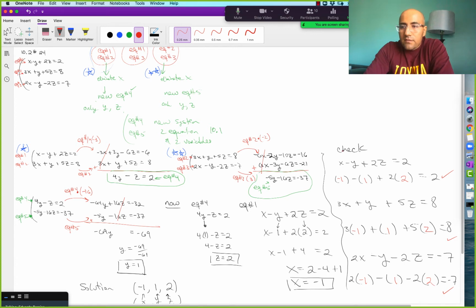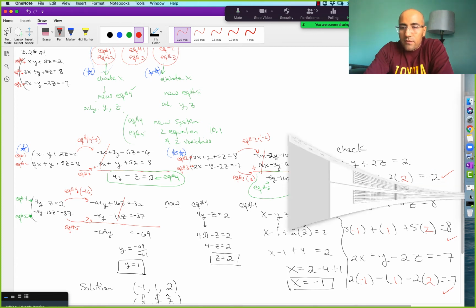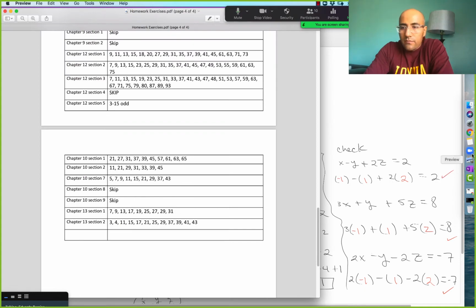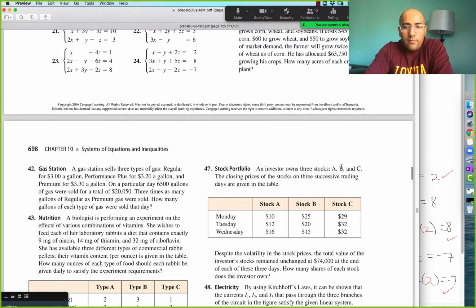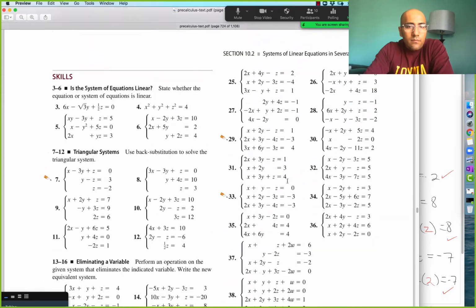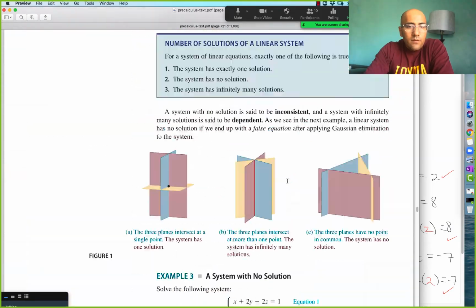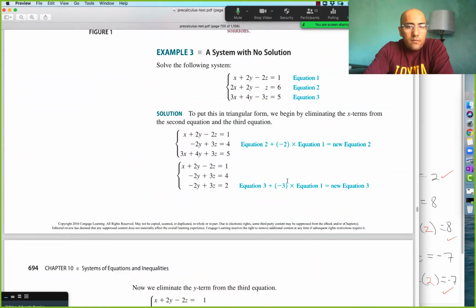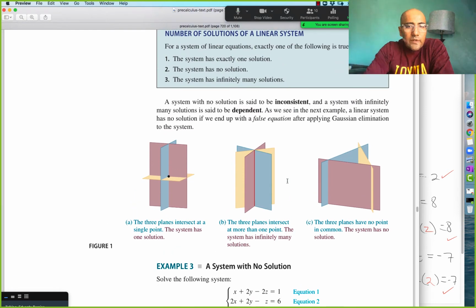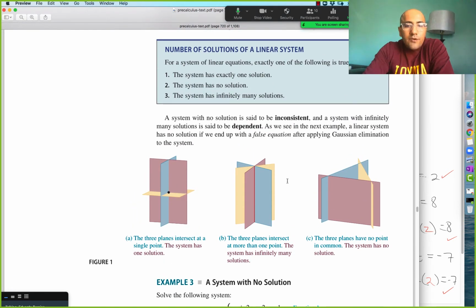Your book has some excellent graphs of what it would look like when that happens. Let's look at this. No, that's not it. Here we go. Some nice pictures of what it would look like. Okay. So, linear equations in 3 dimensions are called planes. They're like sheets of paper. So this is a linear equation.